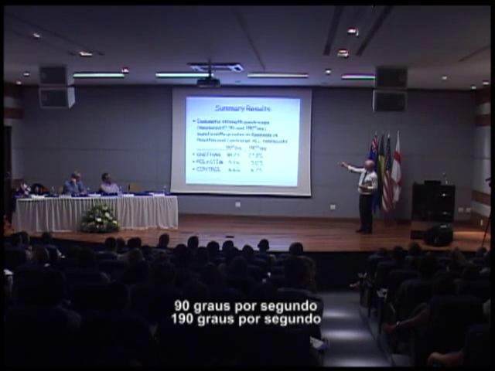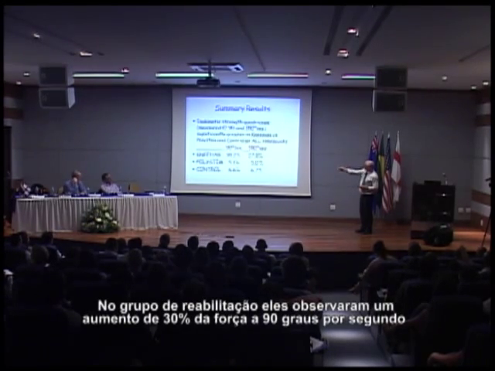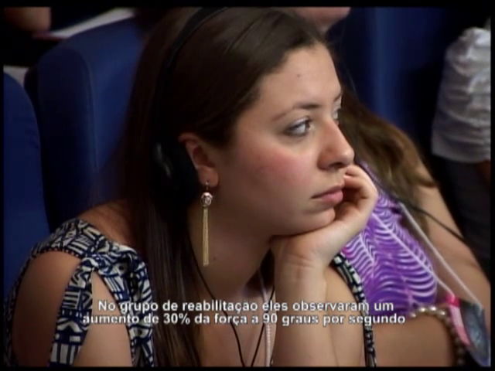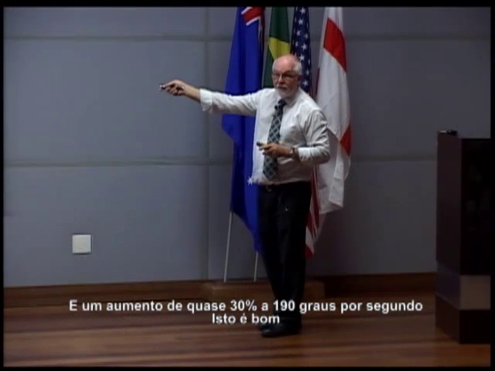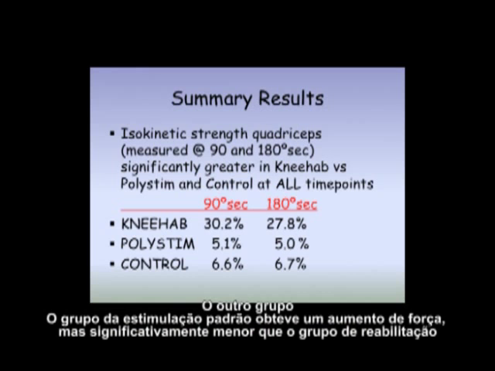90 degrees a second, 180 degrees a second. In the NEHAB group, they have got a 30% increase in strength at 90 degrees a second and nearly 30% increase at 180 degrees a second. That's good. The other stimulation, the standard stimulation group, have got an improvement in strength, but it's significantly lower than the NEHAB group.